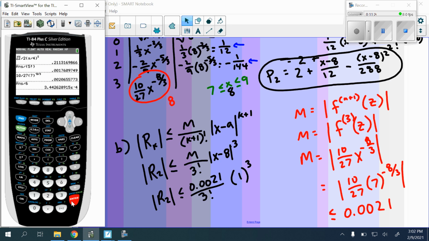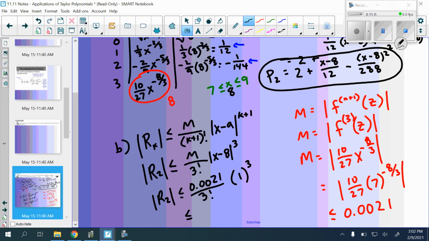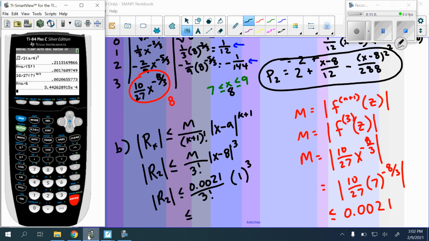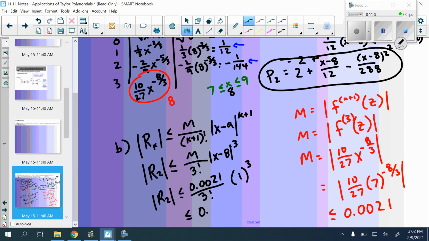That's a scientific notation number, so we'd have to move that decimal point over 4 times to the left, which means there's going to be 3 zeros after the decimal. So 0.00035, and I'll round that off there. So our error here should be less than or equal to that, which means that's how far off our approximation is going to be.